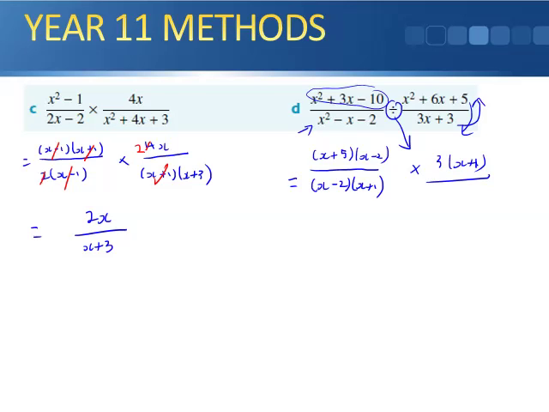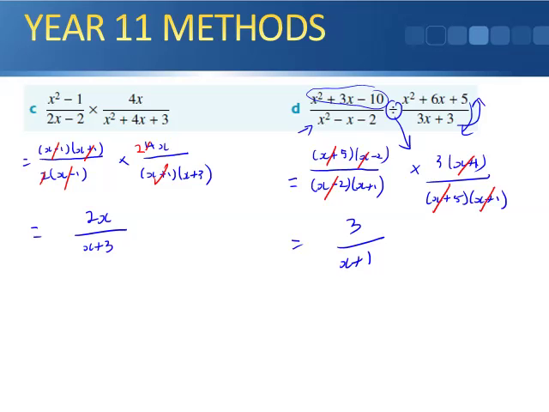I'm doing 2 steps at once here, hopefully people understand that, and this one here will be x plus 5, x plus 1, cancelling, x minus 2, x minus 2, x plus 5, x plus 5. So I'll get 3 divided by x plus 1.